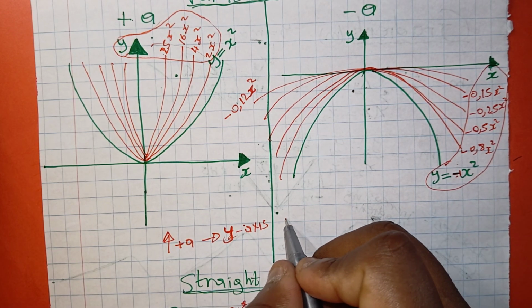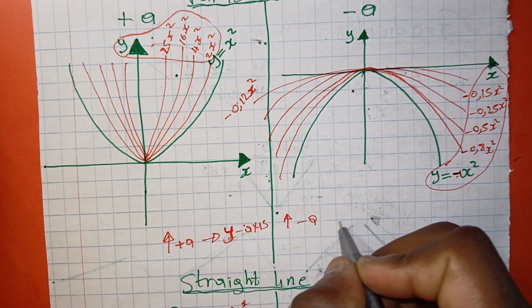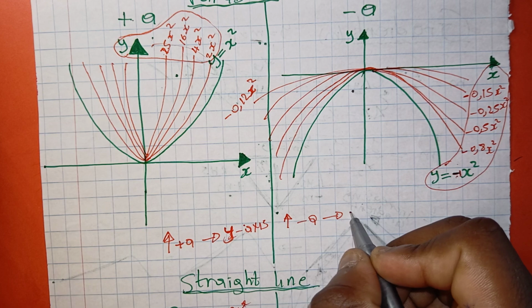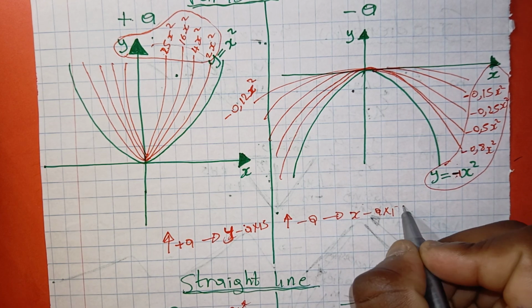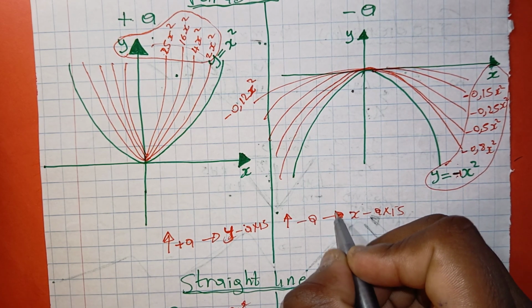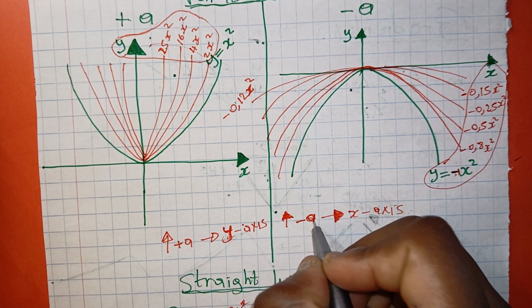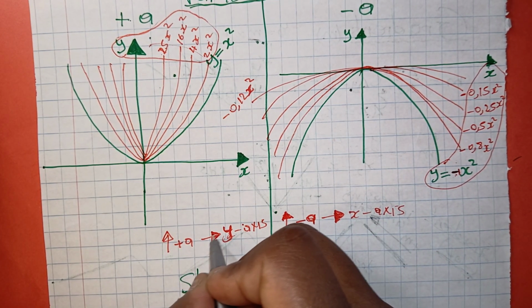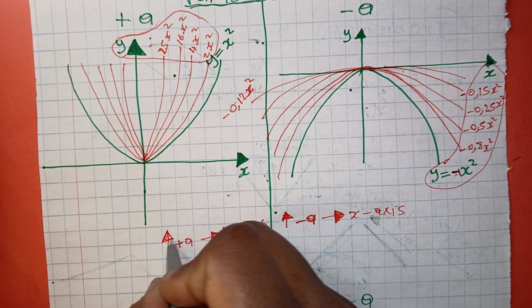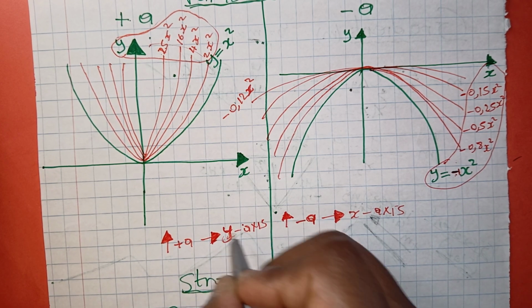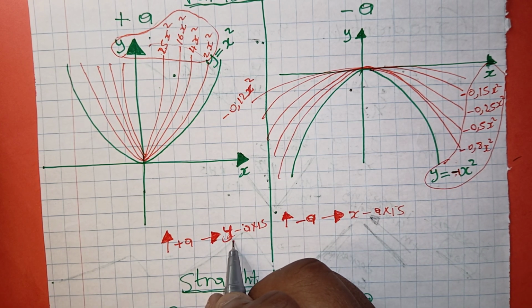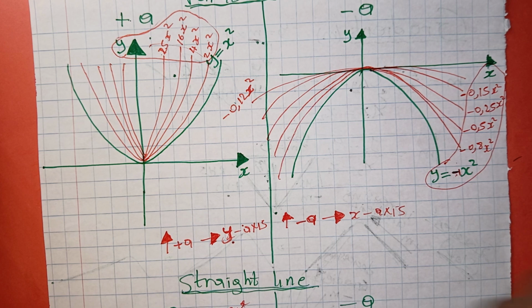But here, as I increase a negative gradient, I'm approaching the what? The x-axis. Here I'm approaching the x-axis as I increase a negative gradient. And here, as I increase a positive gradient, I'm approaching the what? The y-axis.